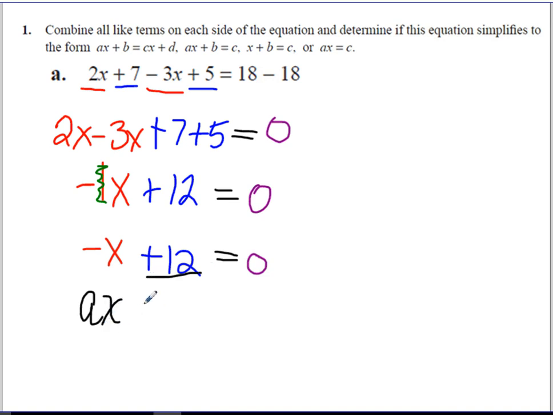Here we have a number 12, so there's our second number, so we'll label that one as B. Our equal sign 0 is our third number, and so that equals our C, our third number. So we have the pattern AX plus B equals C. A represents our -1 value, B represents our 12, and C represents our 0 in this problem.